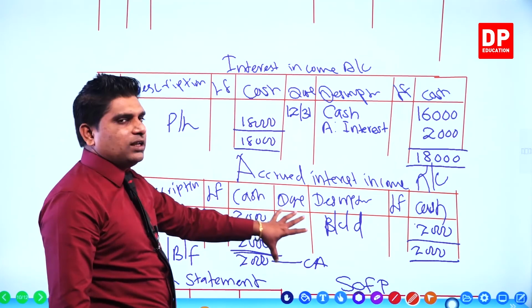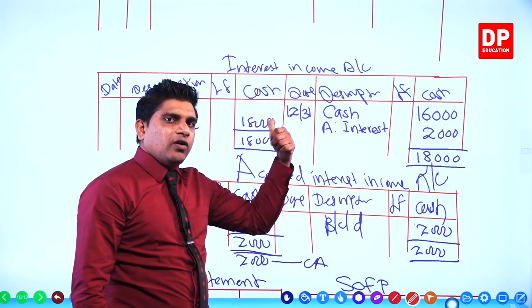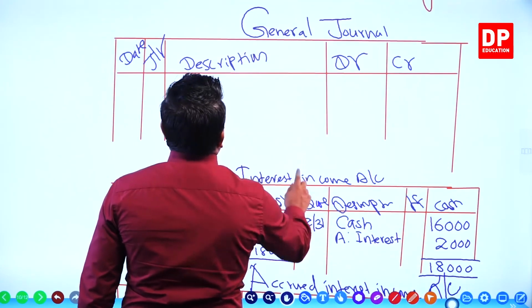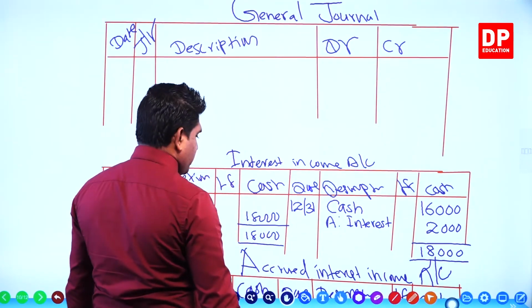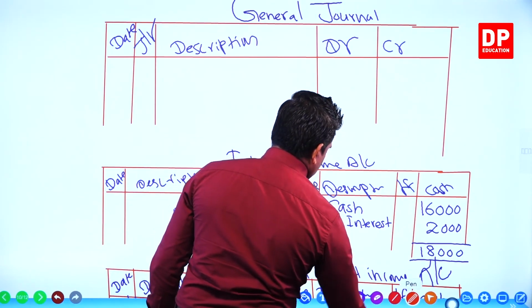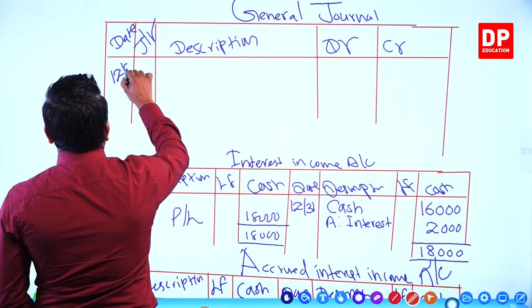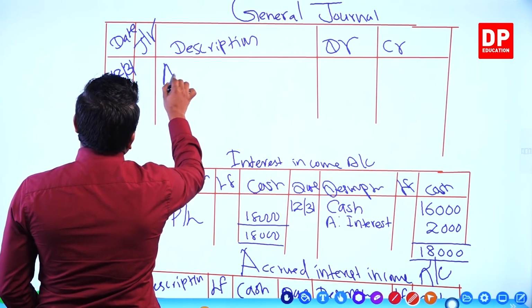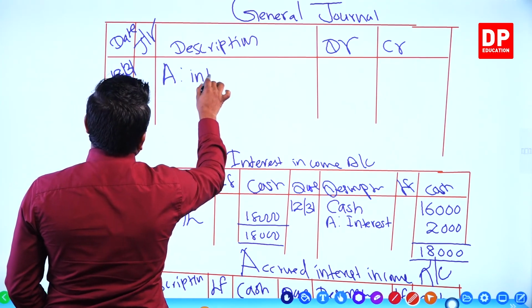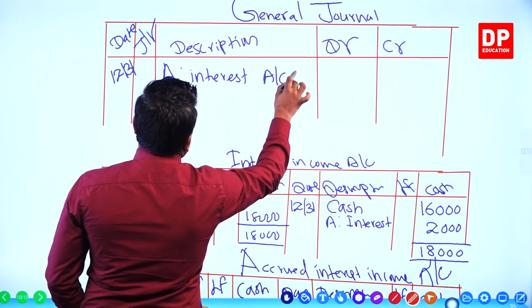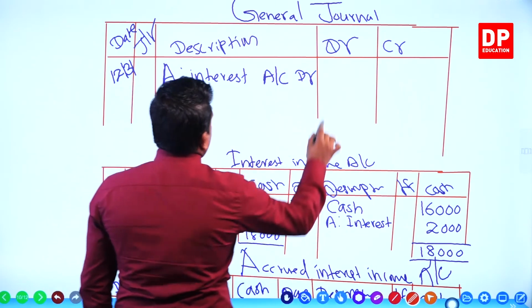Before we bring them to the financial statement, we record the entry in the general journal. How do we record it? We write like this, only 2,000, right? 12/31. Accrued interest account debit, how much? 2,000.